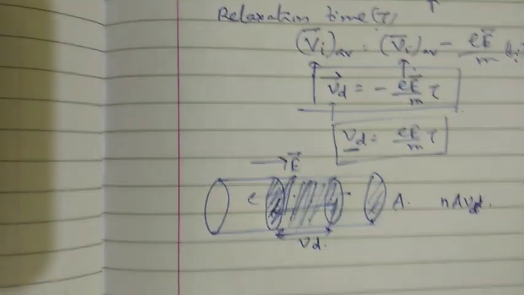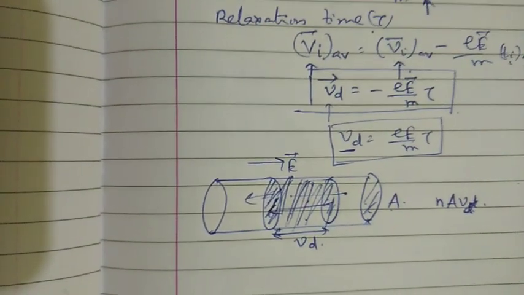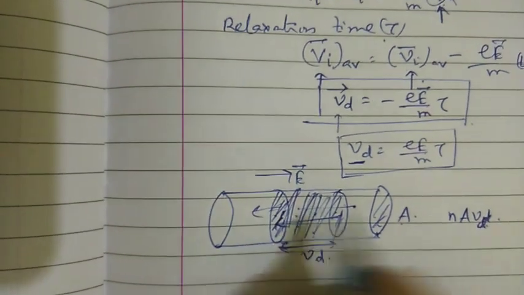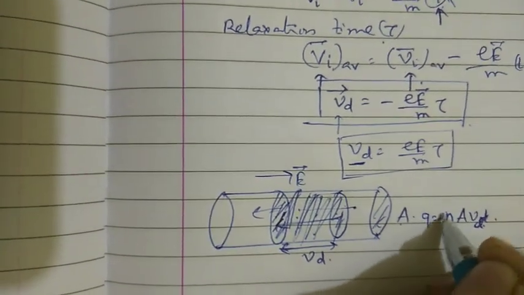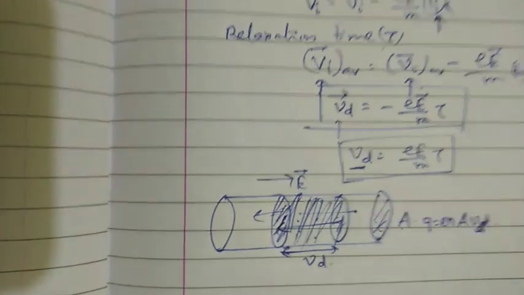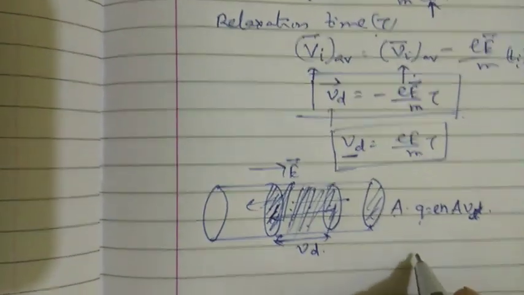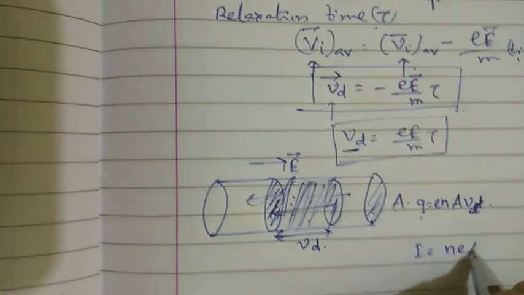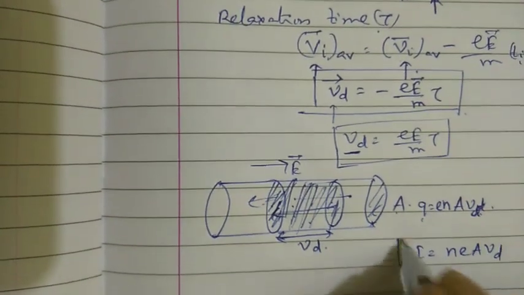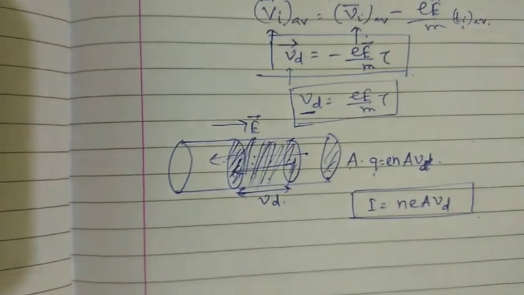So if one electron has e charge, the total charge inside it is Q equals to enAVd. So this is the amount of charge that crosses this in 1 second, so we can write this as current. So I equals to neAVd. So this is the relation between current and drift velocity.